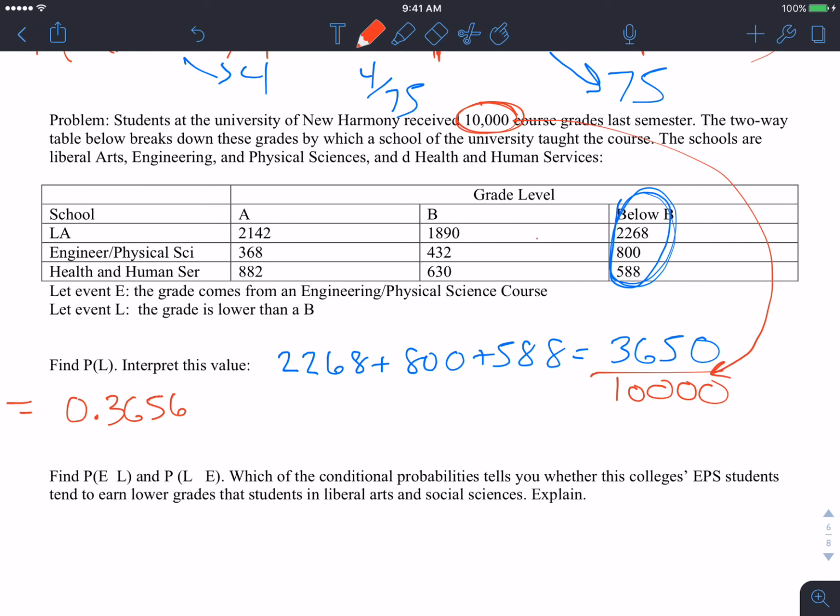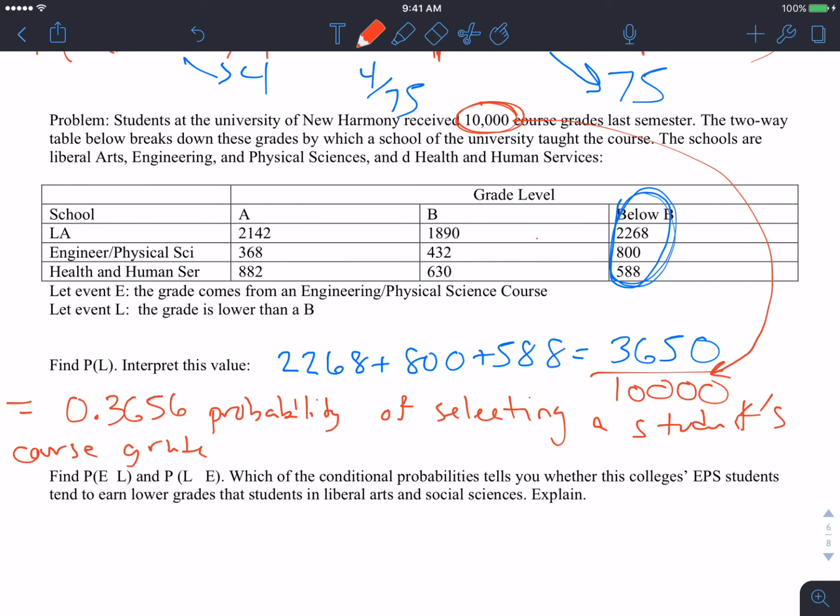And what this means is there's a 0.3656 probability of selecting a student's course grade that is lower than a B.